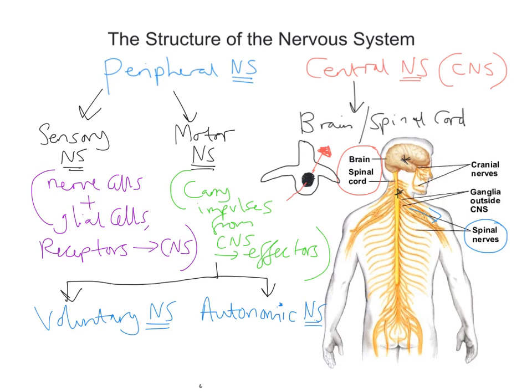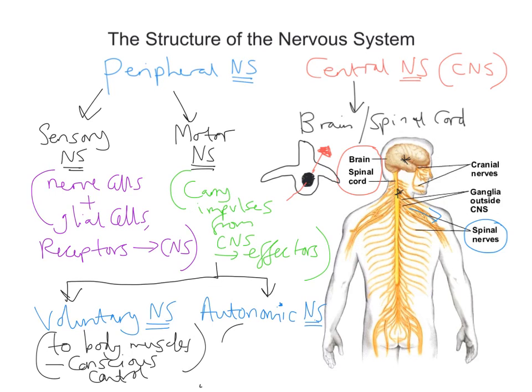So the voluntary nervous system carries impulses to body muscles. Just make a note of some key things here. To body muscles, and it's under conscious control.